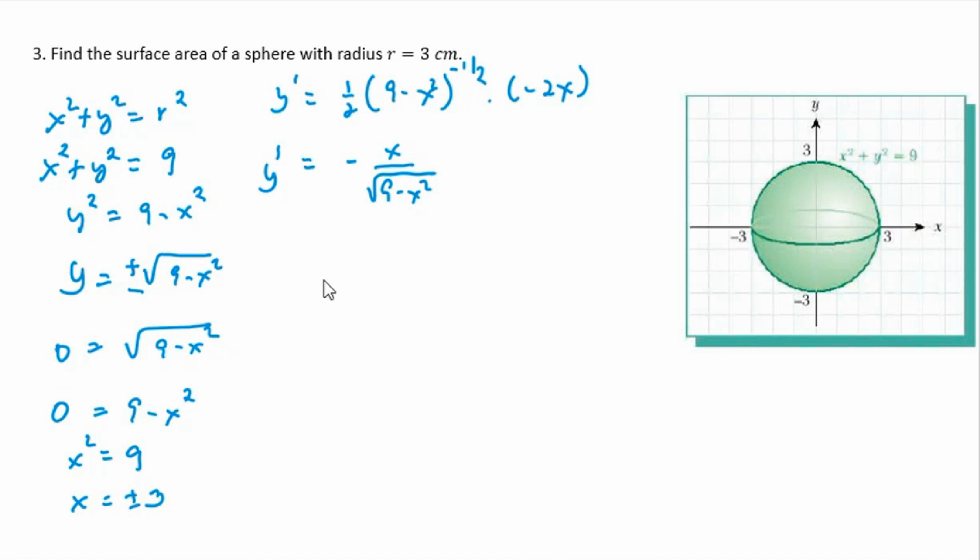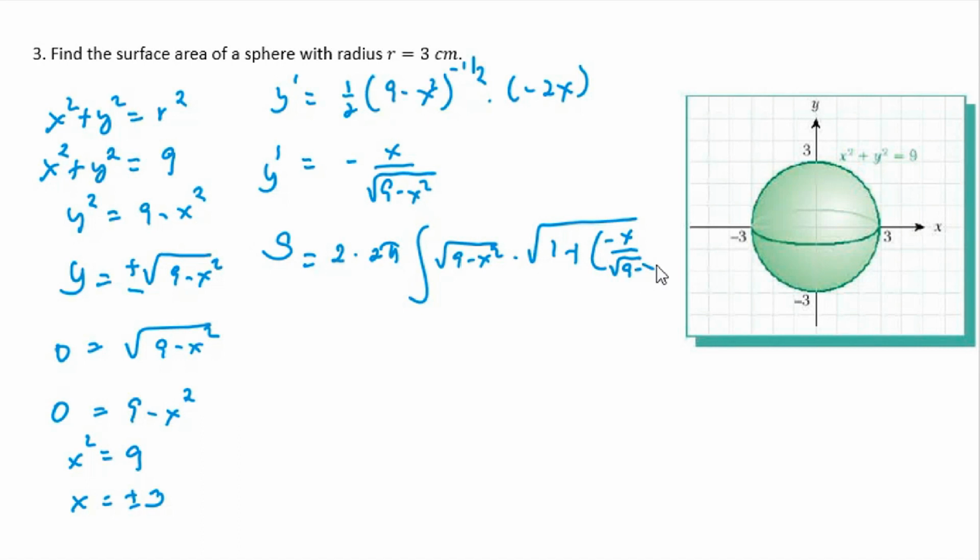After that, since we now have the derivative, let us solve for the surface area. The surface area is equal to 2 times 2 pi times the integral of the value of R(x), which is the square root of 9 minus x squared, times the square root of 1 plus negative x over the square root of 9 minus x squared, which is actually the derivative, and we're going to square it, dx, with the interval from 0 to 3.